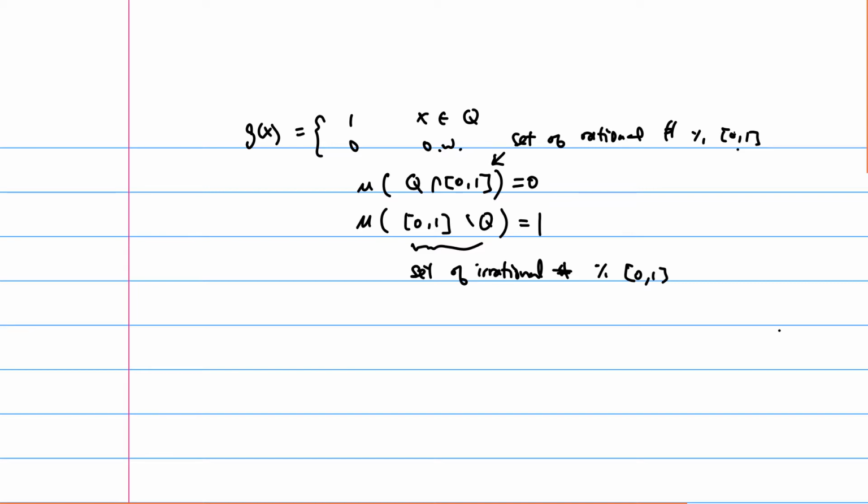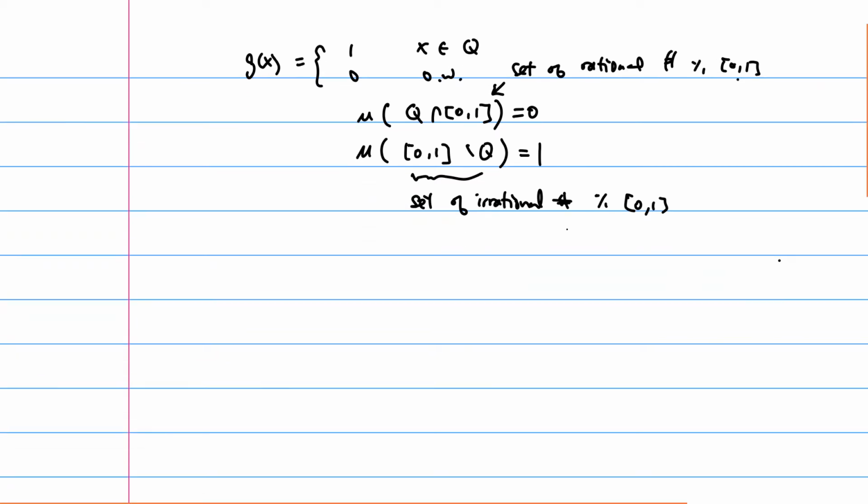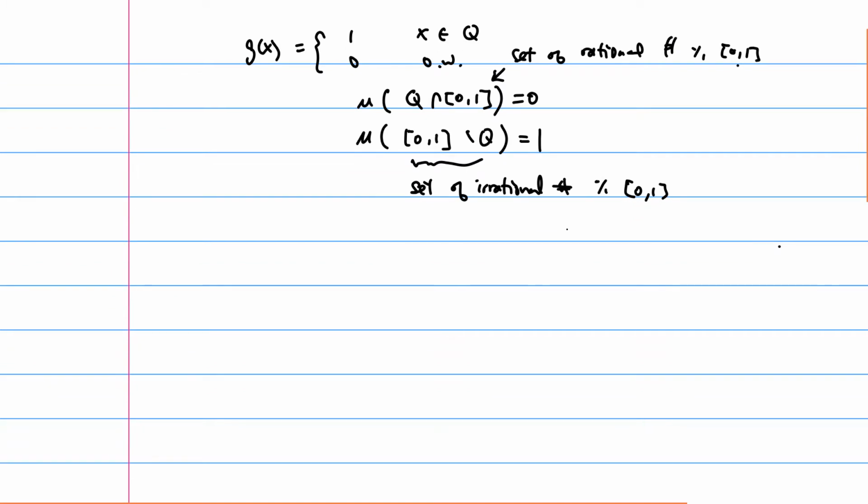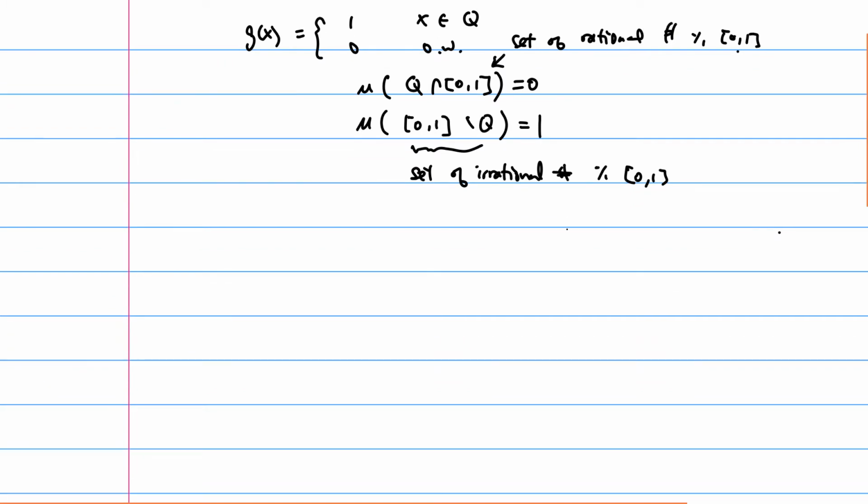So I claim that there are way more irrational numbers than rational numbers. Therefore, the measure for rational numbers will be 0, and for irrational numbers it will be 1. I guess I didn't give an explanation for that.